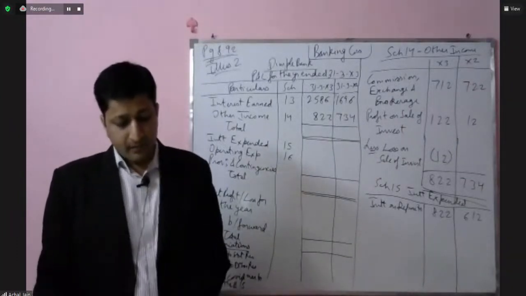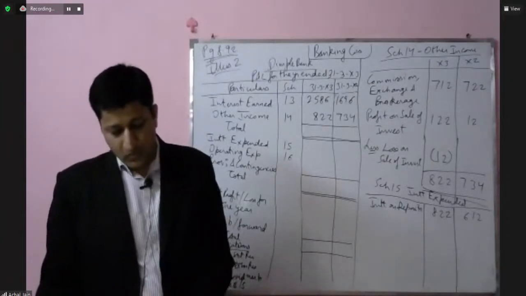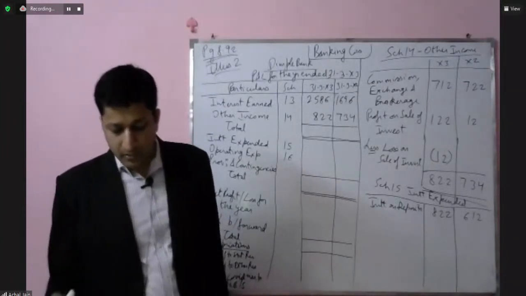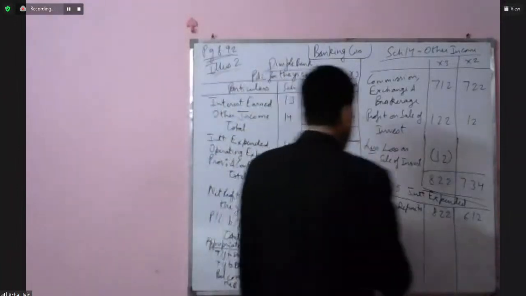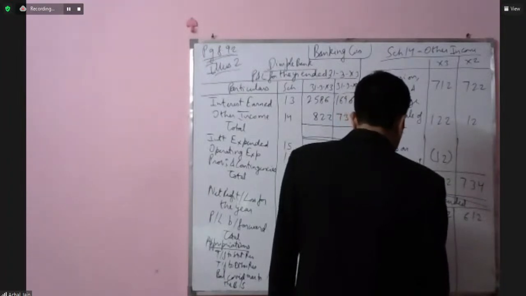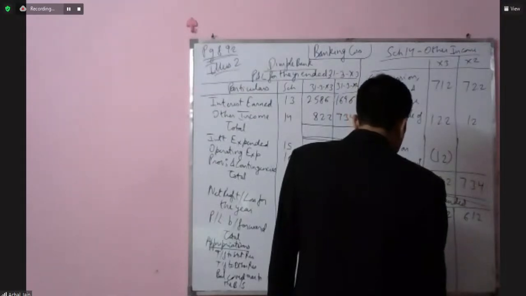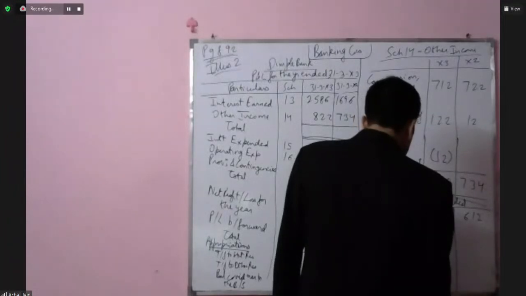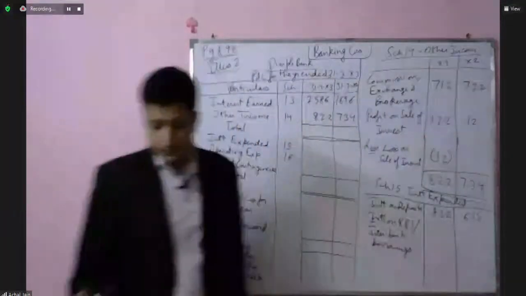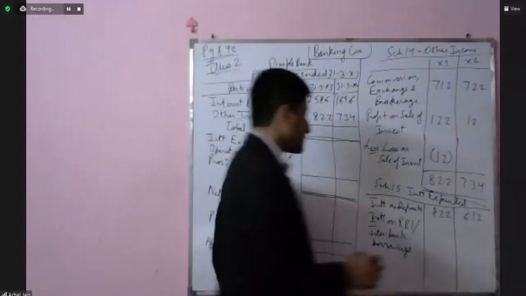Moving on to the next item, interest to RBI. So this is interest on RBI or interbank borrowings. So this is 147 and 127.